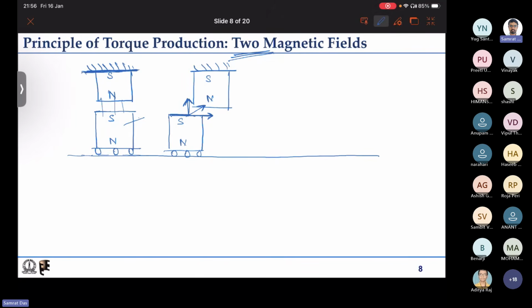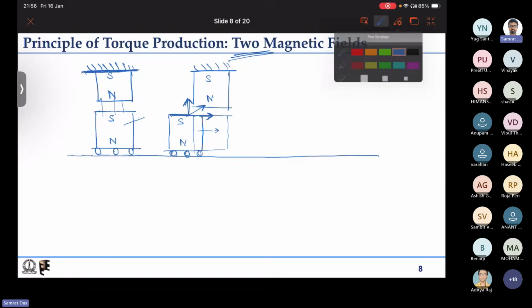Because we have rollers put here, this horizontal force will try to move this body in the right hand side direction, and it will come to this location as it was in the earlier case, and after that it will become stationary.